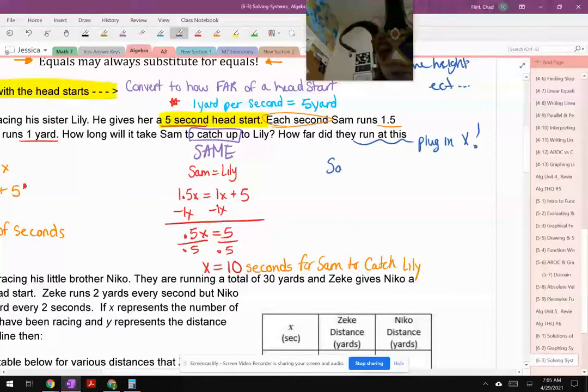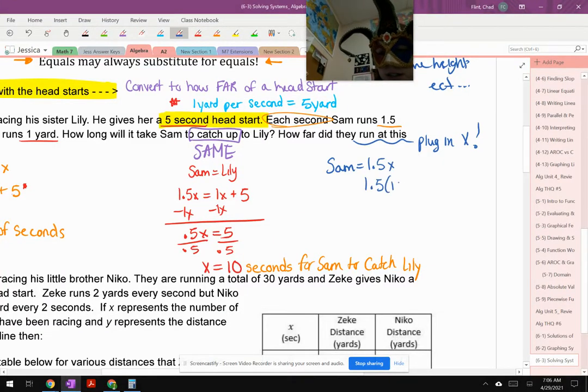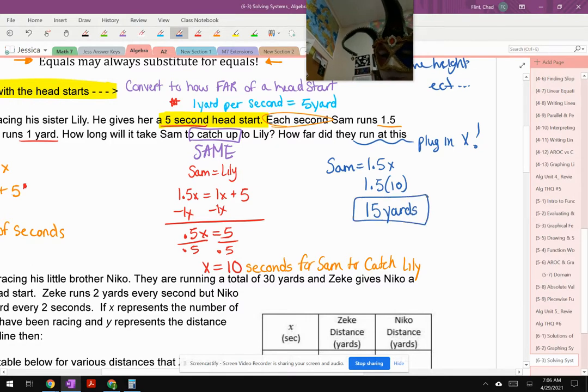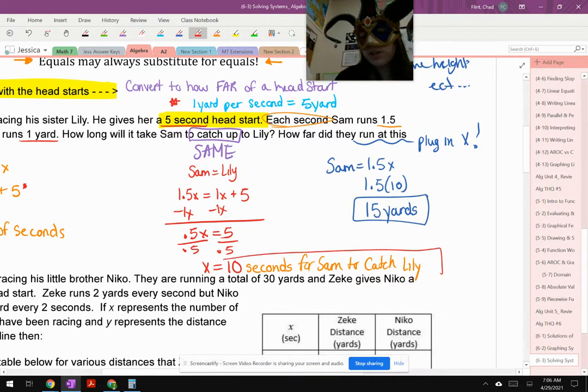We can use Sam's because they're equal at this point. So 1.5x, in for x, we're putting in 10. And that gives us a total of 15 yards. So 15 yards and 10 seconds for Sam to catch Lily.